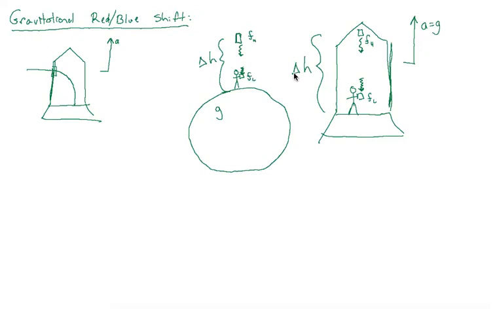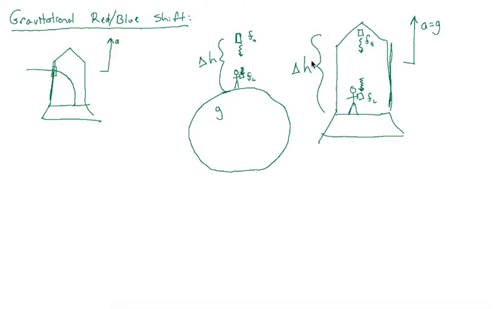Okay, and so as Einstein said, if you want to understand gravity, you need to understand acceleration. We can replace this situation with an equivalent accelerated frame of reference, and then whatever happens here is also going to be what happens here because these two are equivalent. So we'll go to this guy in a spaceship.